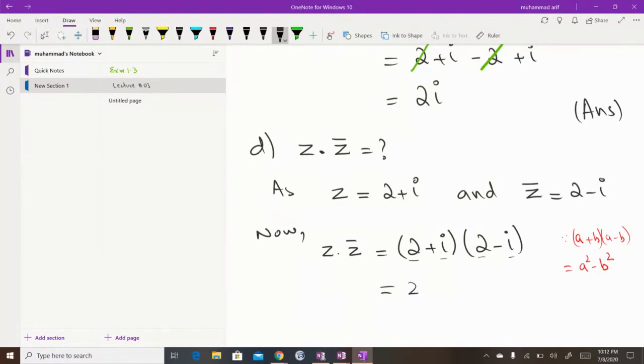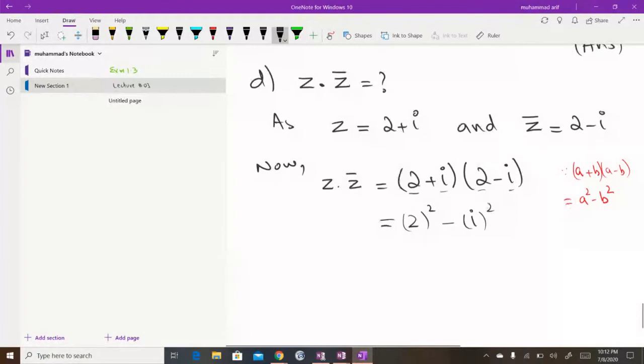We multiply it as a square, that is 2 square, and b square, that is iota square. After simplifying, 2 square becomes 4. What is the value of iota square? The value of iota square is negative 1. Negative into negative 1 becomes positive 1. Positive 1 plus 4 becomes 5, which is our required answer of the fourth part.